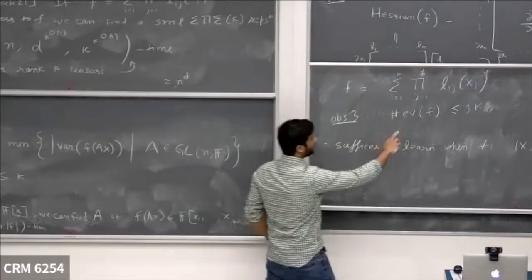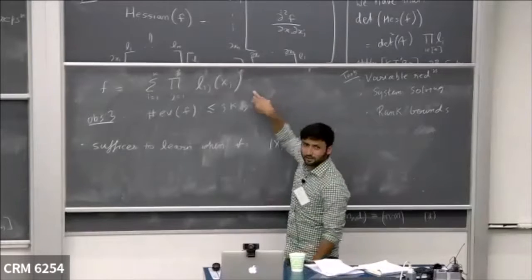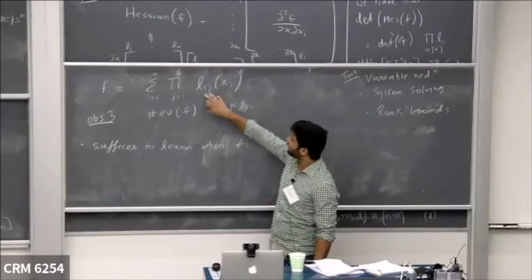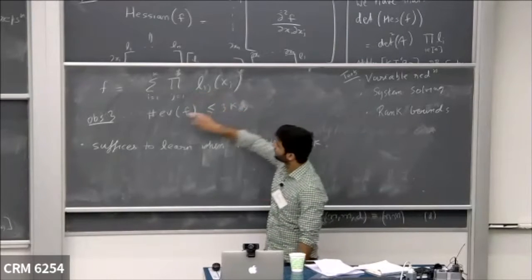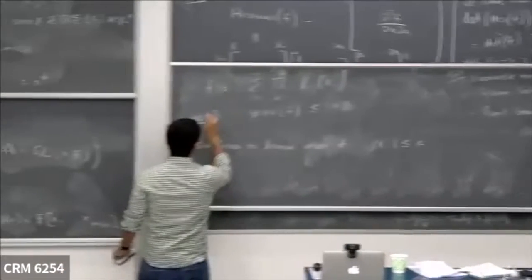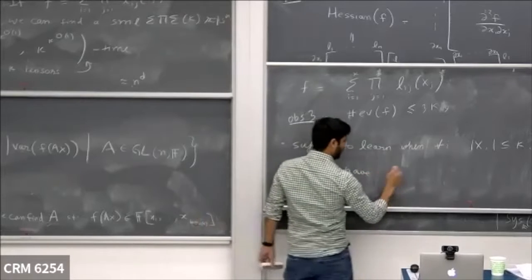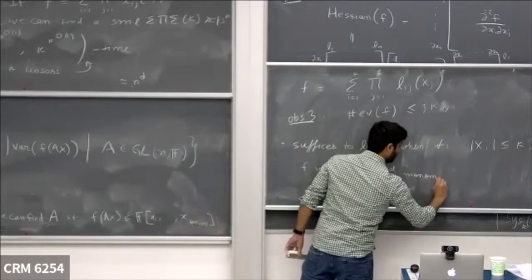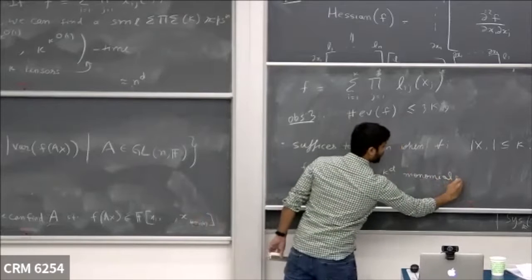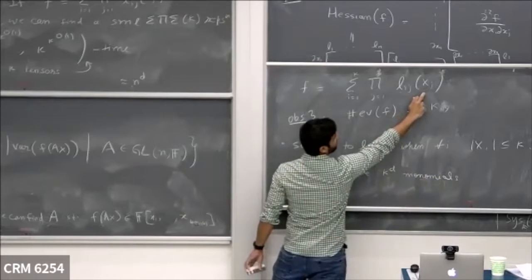Again, you can just write your linear forms here, expand it, and think of your linear forms as unknowns. Your polynomial f will have k to the d monomials now, so these will be your number of equations. The number of unknowns will be k times d.